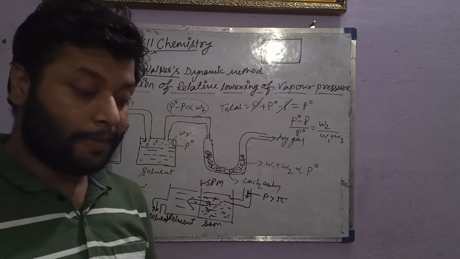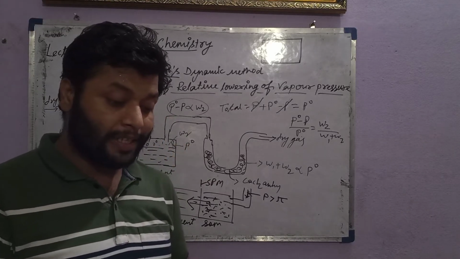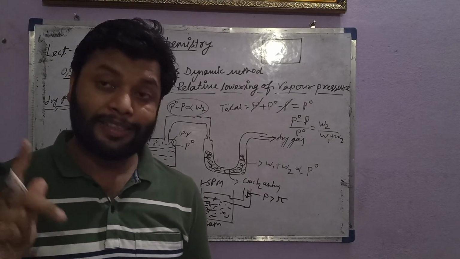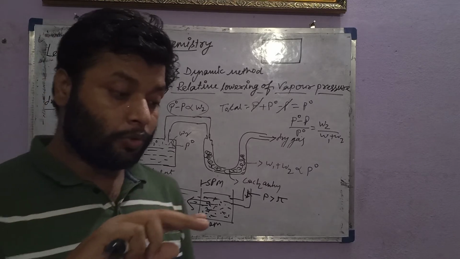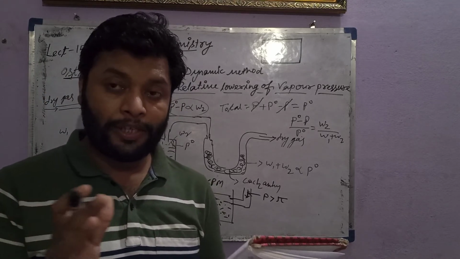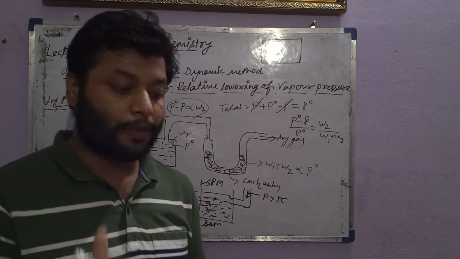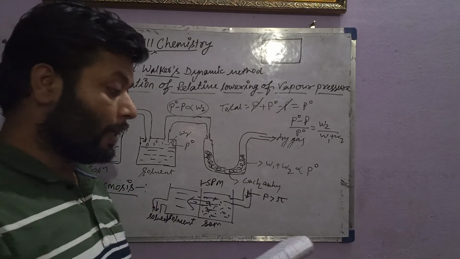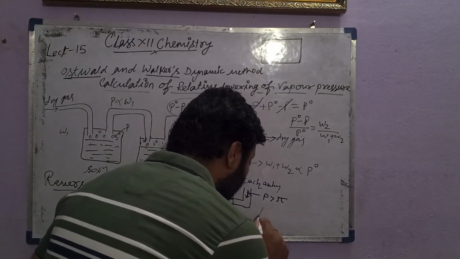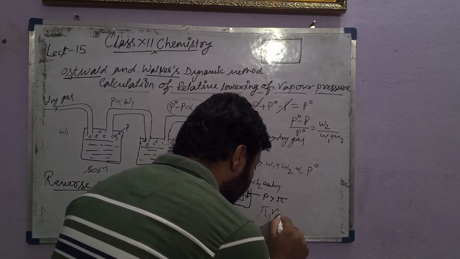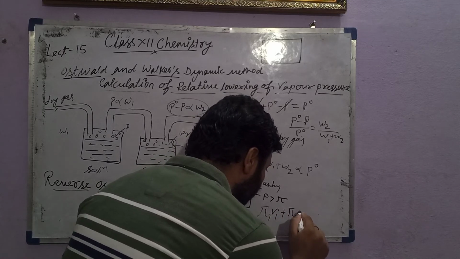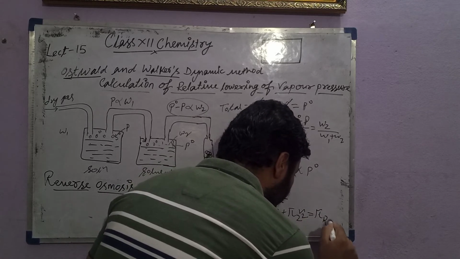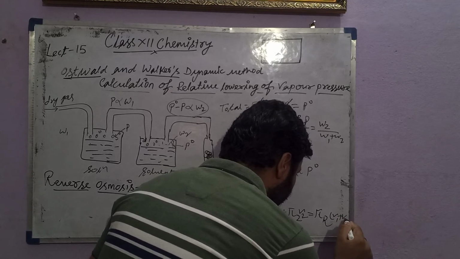Suppose in any question two different solutions with different osmotic pressures, but the same solute, are mixed. Then the resultant osmotic pressure can be evaluated by the dilution formula: pi 1 V1 plus pi 2 V2 equals pi R times V1 plus V2.